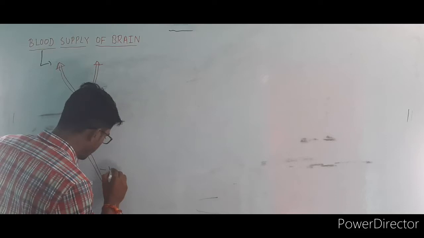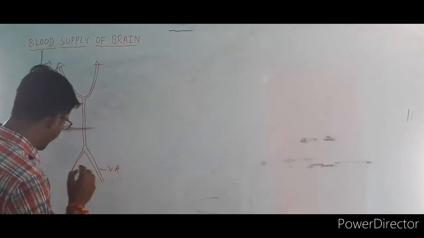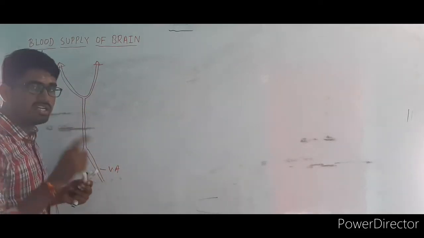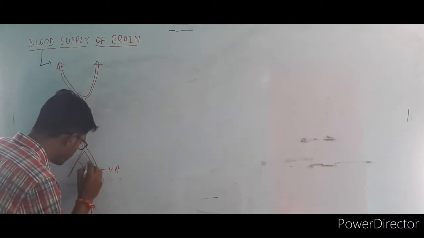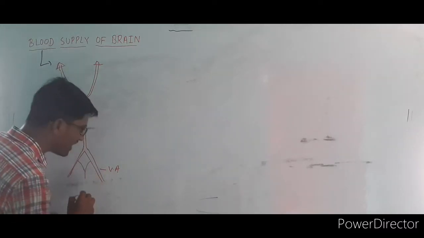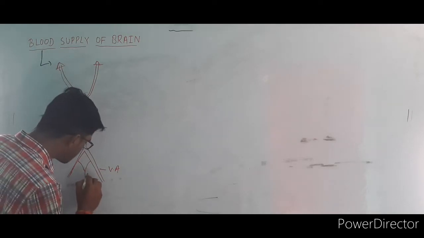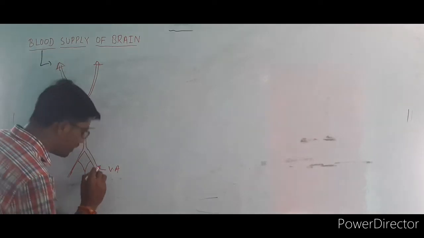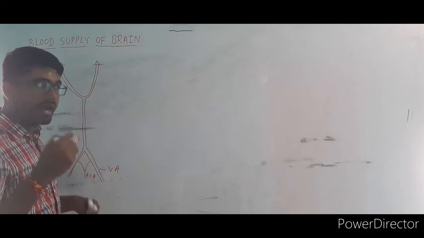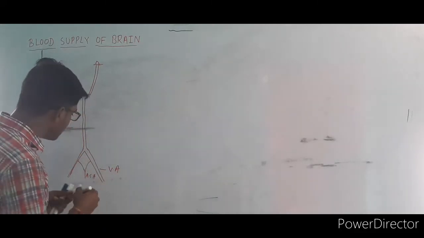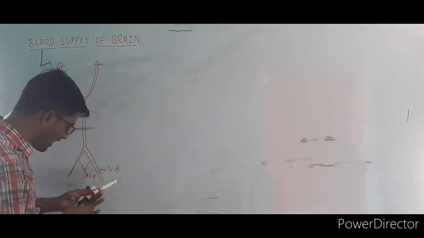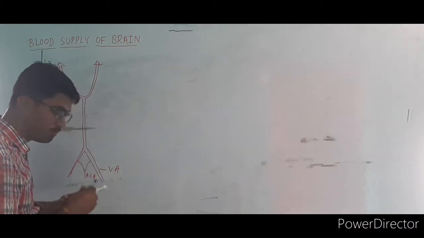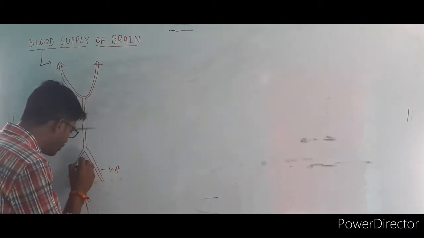So this is the vertebral artery, and you know the anterior spinal artery. One artery is coming from here, this from two sides, and it's joining, and that is called the anterior spinal artery, which supplies the anterior two-thirds of the spinal cord, right? And one is also from here, which I'm going to show with blue color. Okay, I know I should not show with blue color, but I want to make a difference.